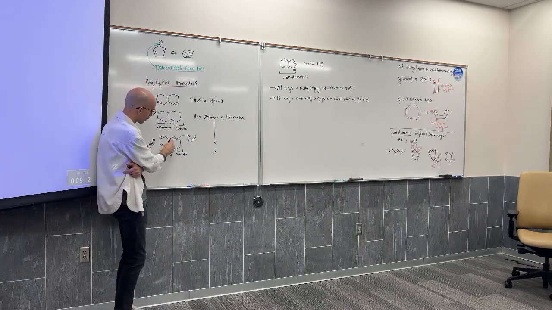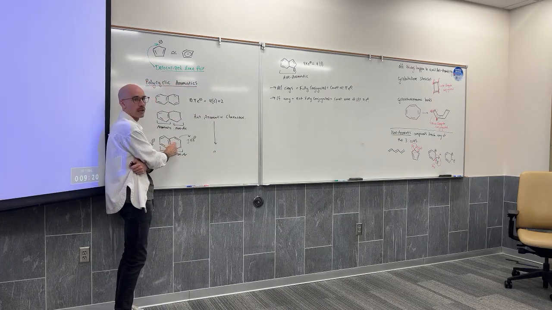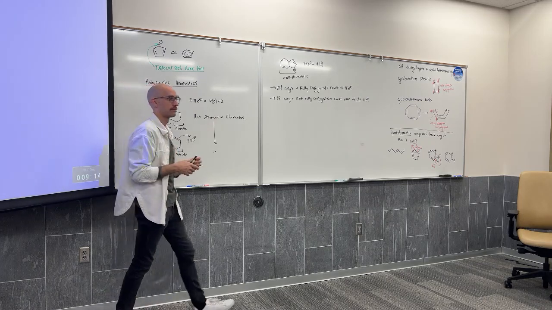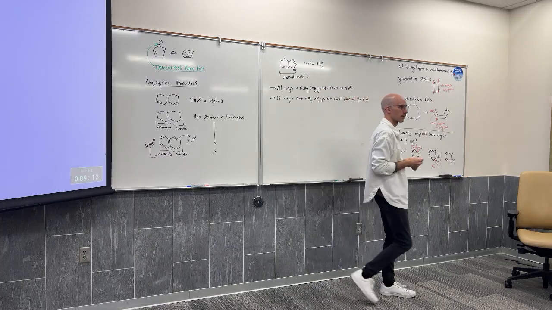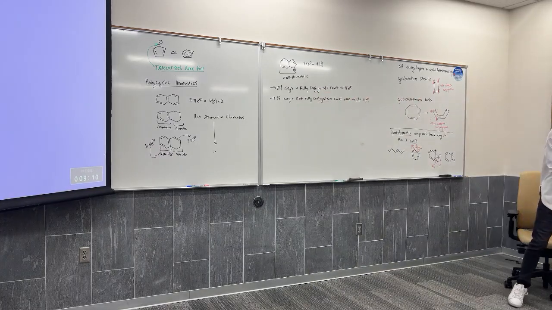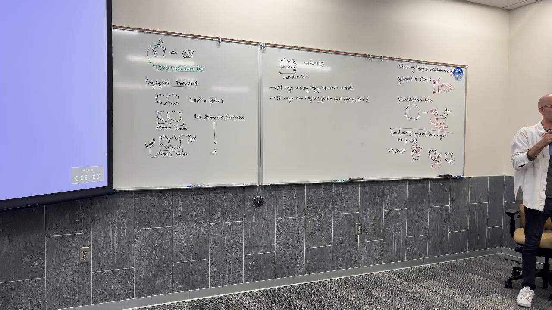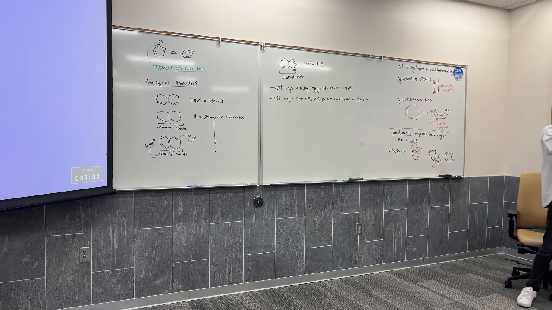Like we had this ring on the right that was not fully conjugated, so I didn't count its 2 pi electrons. You guys okay with this? This is just an easy rule to take a polycyclic and look at it and say, is it aromatic or not? Or anti-aromatic.